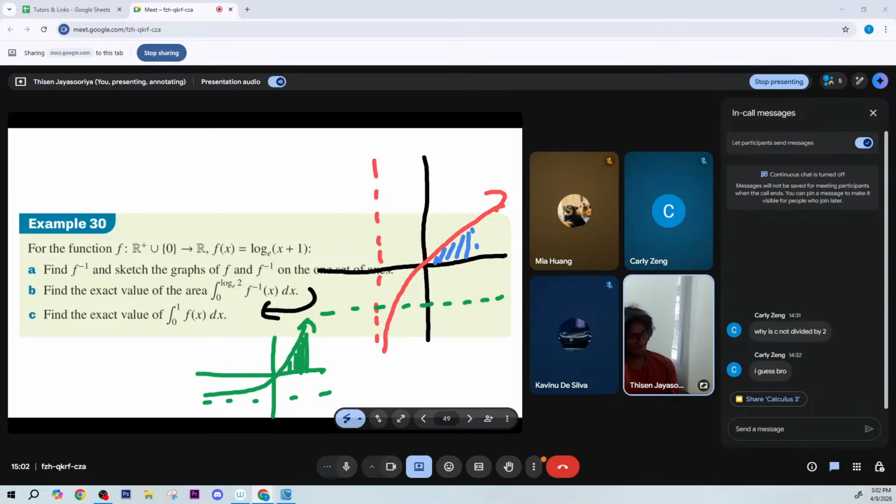Now, what does this area represent on this graph? Can anyone see it? I dare you all to turn your head 90 degrees and see if you can see it.